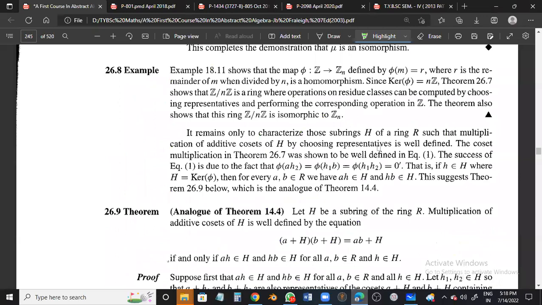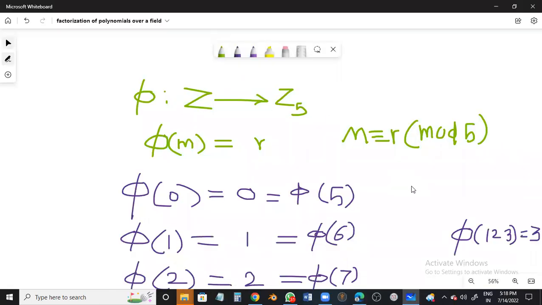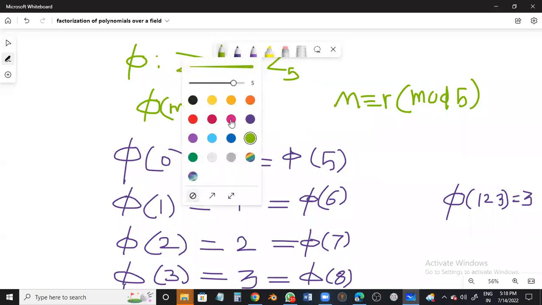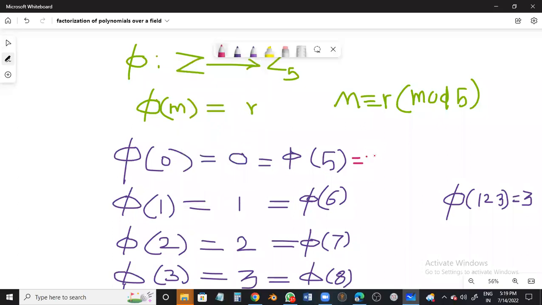Now, kernel of phi is nZ, they are saying. What is the kernel of phi in your case? Kernel means you are collecting all those whose image is 0. I have given you 2 elements whose image is 0. You tell me the rest. Phi of 10, yes, very good.